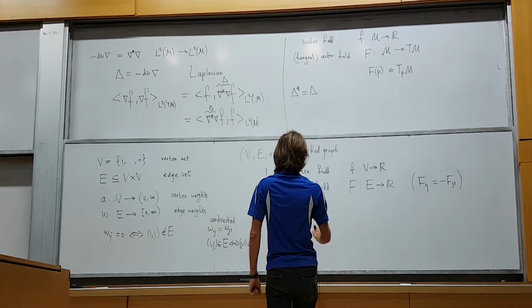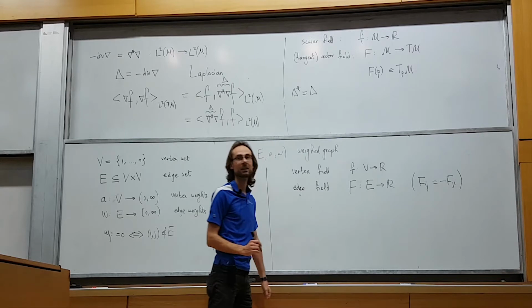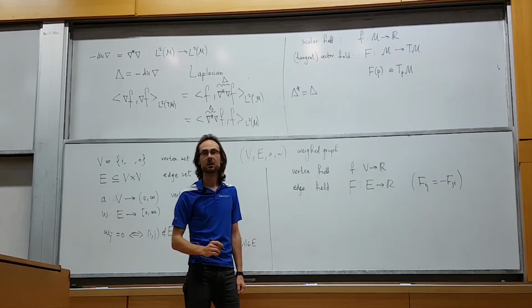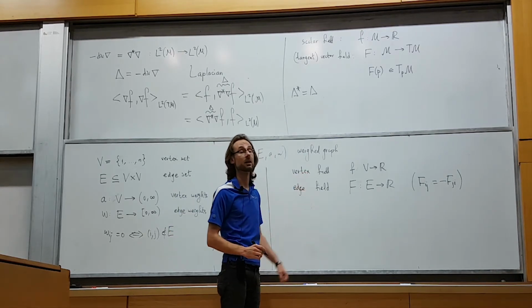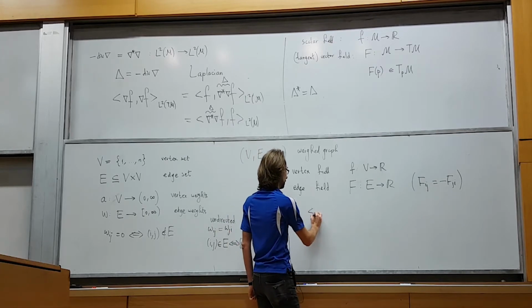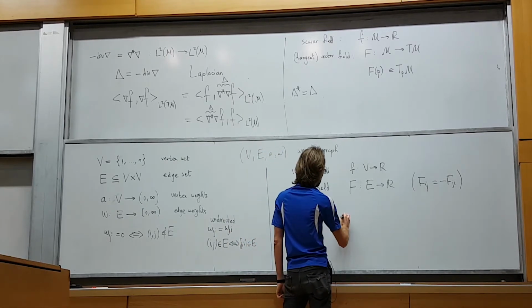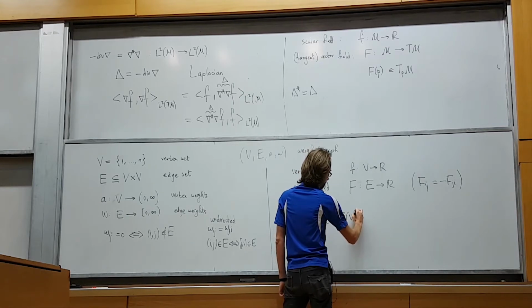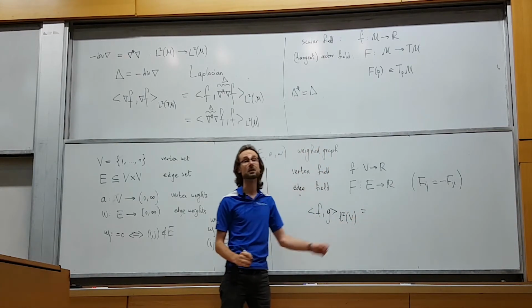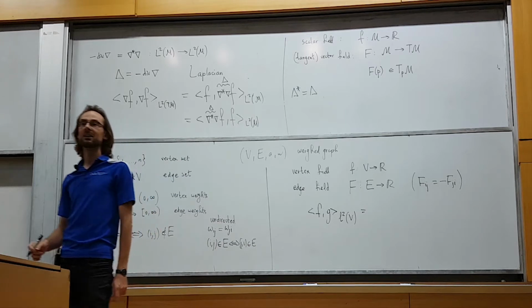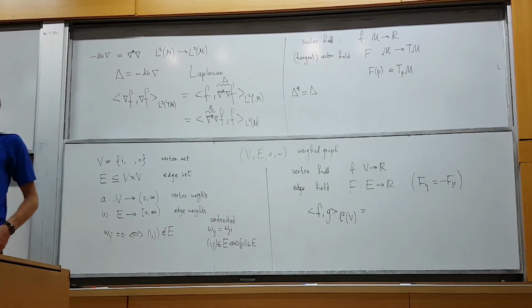I will also define inner products. So basically, I will construct Hilbert spaces of vertex fields and edge fields. So an inner product on vertex fields. This will be a Hilbert space of square summable functions, square summable sequences, basically vectors on the vertices.